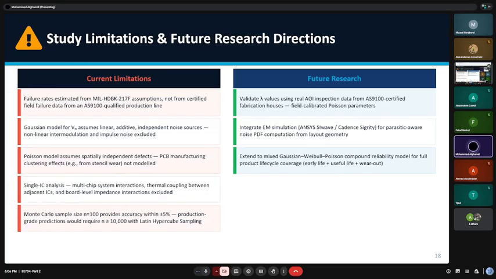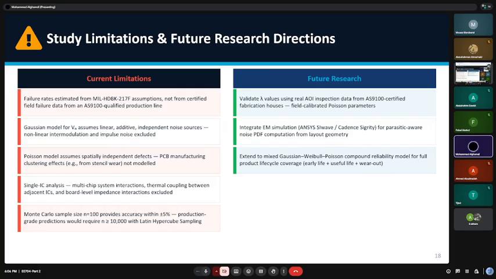The Poisson model assumes spatially independent defects; PCB manufacturing clustering effects are not modeled. Single IC analysis only; multi-chip system interactions, thermal coupling between adjacent ICs, and board level impedance interactions are excluded. Monte Carlo sample size is 100.